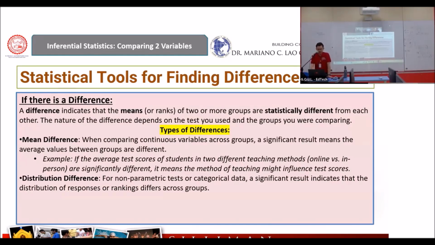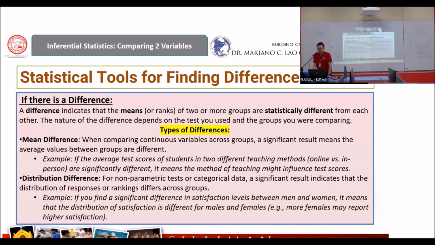For example, if you find a significant difference in satisfaction level between men and women, it means that the distribution of satisfaction is different for male and female. Or for example, more females may report higher satisfaction. Because you are now looking at the distribution of the difference of each.